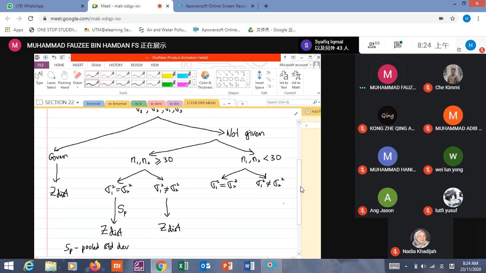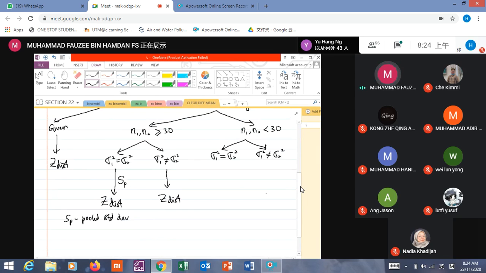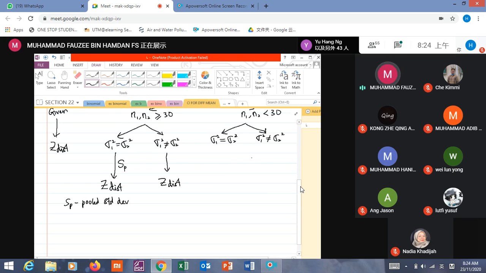The variance is difficult to be similar. If you have two sets of data and only one data point is different, then the variance will be different. So it's not easy for the variances between two groups to be similar. Most of the time the variances are not equal.